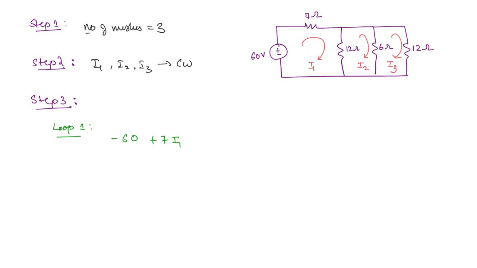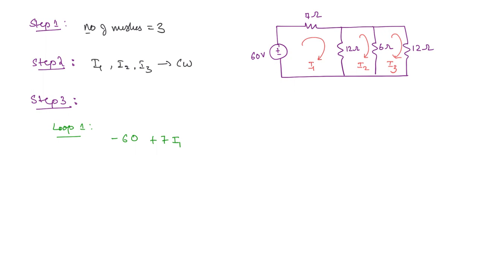On the next resistor, there will be a slight difference. For the 12 ohms, I1 current is flowing like this, but I2 current is flowing in the opposite direction to I1. Because this resistor is in between both the meshes, it is going to have both the mesh currents. That is the important point you need to understand when doing mesh analysis.